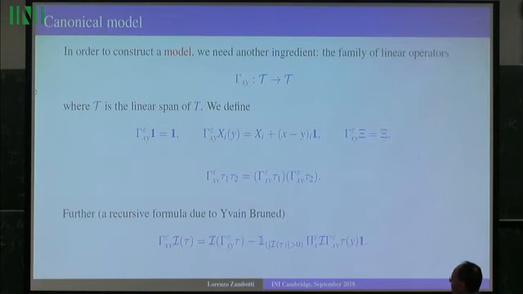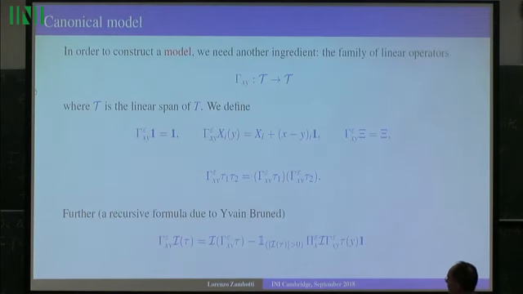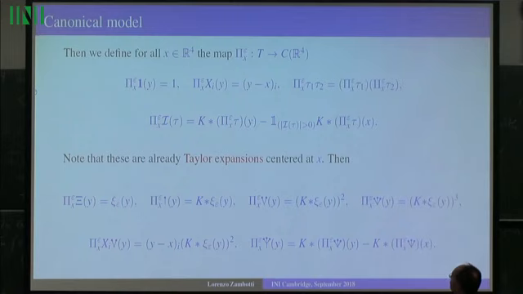Okay, then we defined this canonical model. I remind you, it is very important that I call it canonical because I have this multiplicativity with respect to the pointwise multiplication, which is the standard, the canonical multiplication of real valued functions.